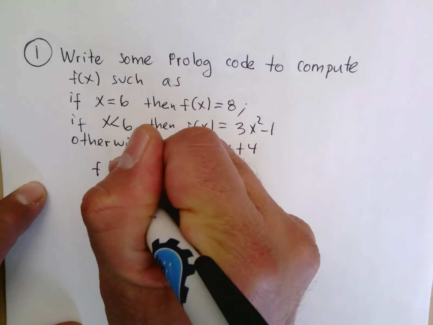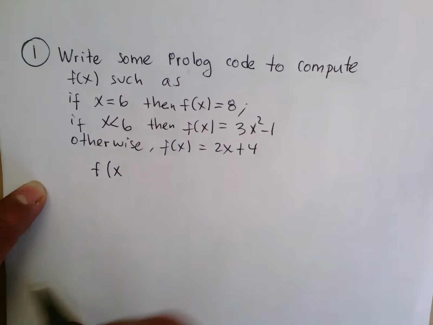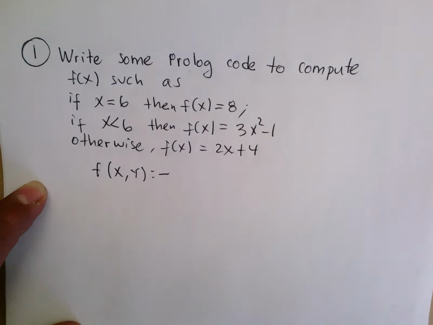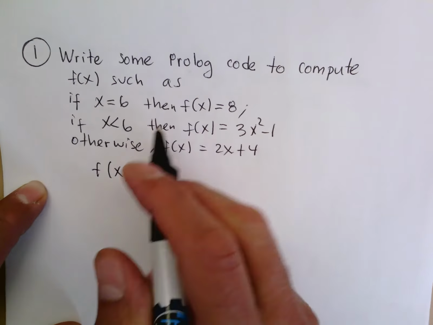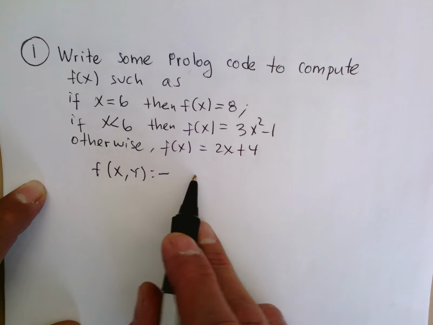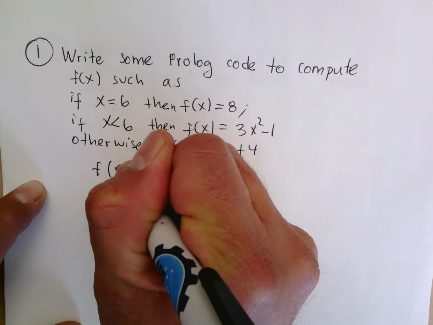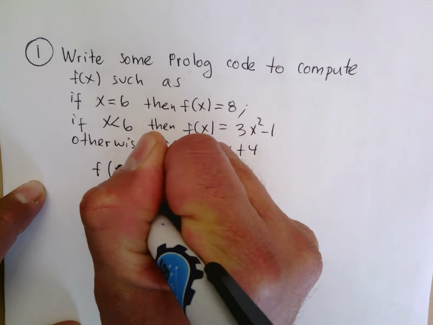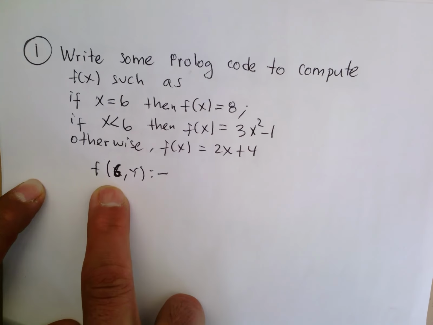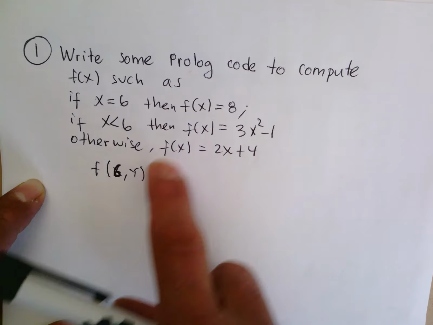So we got x, which will be my input, and then here is my y. Let's see that the first case is when x equals 6. Actually we could say x equals 6, but we can better do the matching here and say instead of the x we say that this is 6, then the answer is 8.